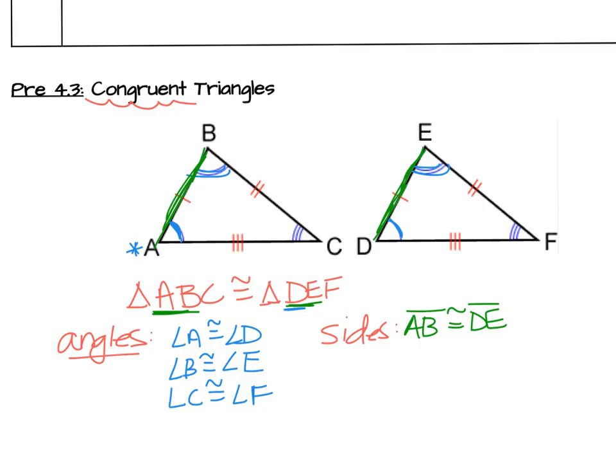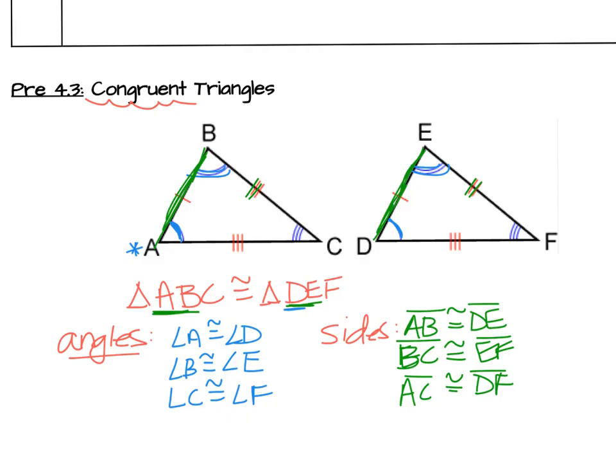We could also say that BC on that right-hand side is congruent to EF. And then those two bottom segments are equal. So we could say AC is congruent to DF.